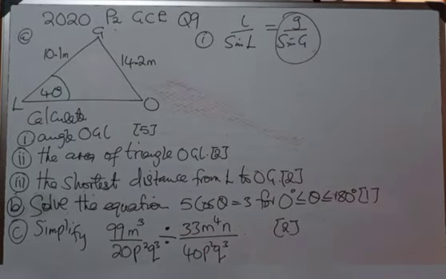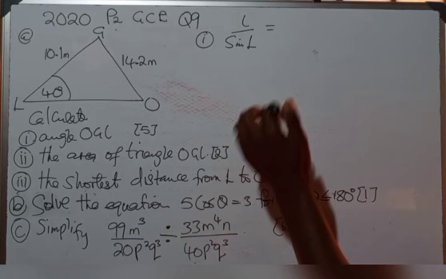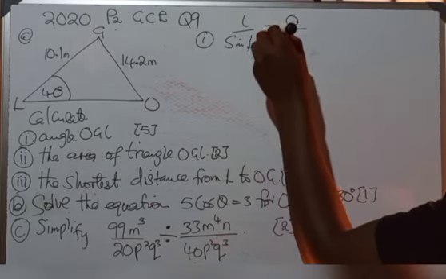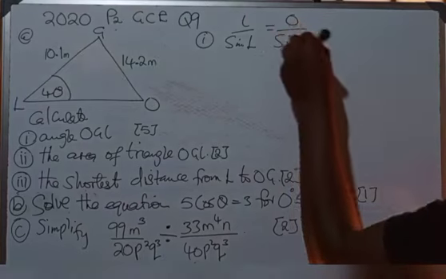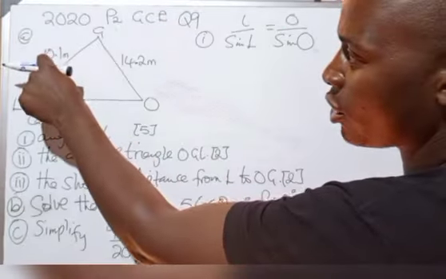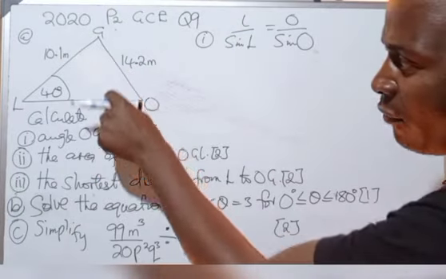So in this case, I am not going to use G, but we are going to use O. So we'll say small letter O over sine O. Why? Because small letter O is known, it is 10.1. Then we can find this angle.